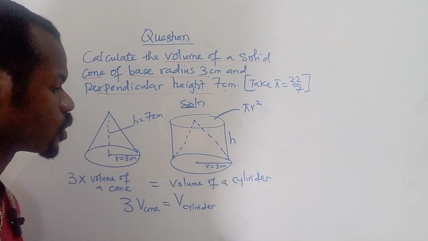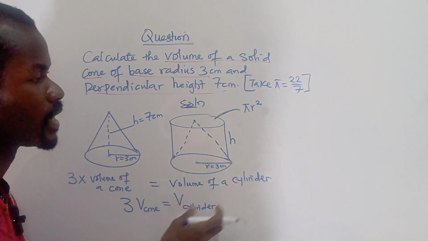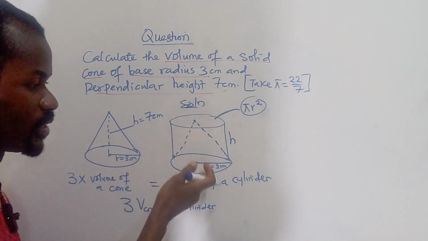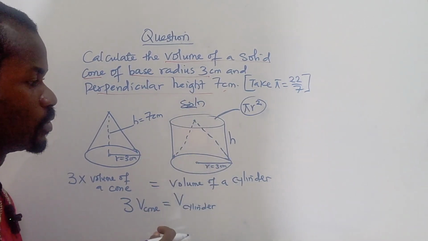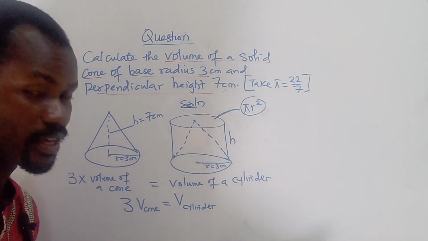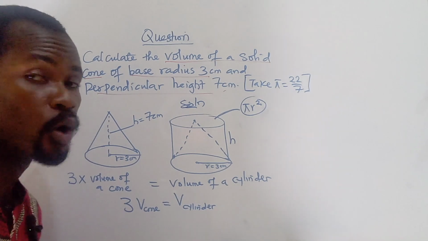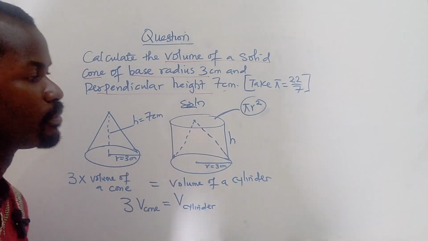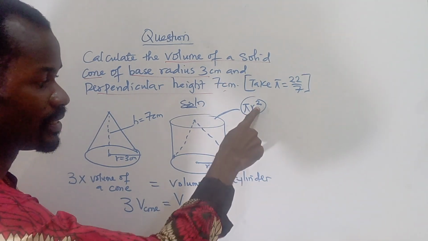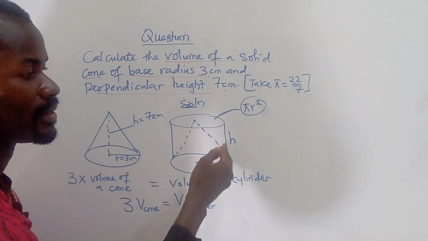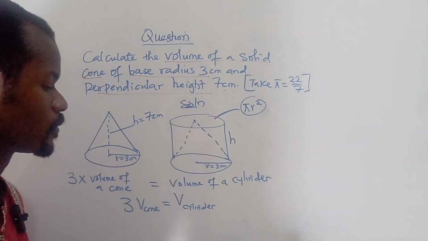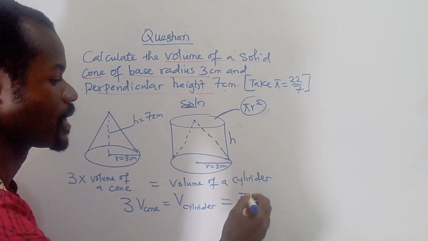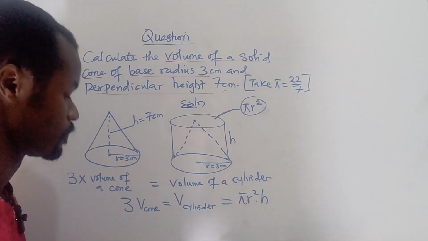So the volume of a cylinder is the base area of any of the sides, the top or the bottom, multiplied by the height. Because if you pour water into this cylinder, it's going to fill the base and gradually move up the height. So this area multiplied by the height, the water moves up. So we have pi r squared multiplied by h.